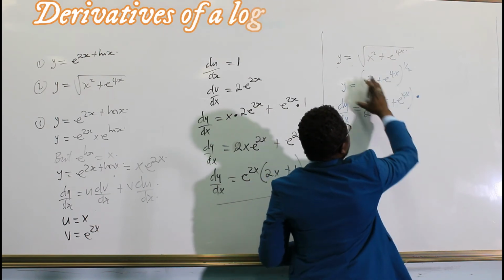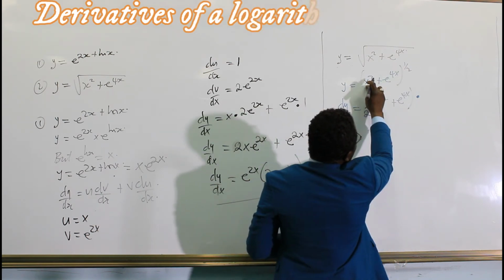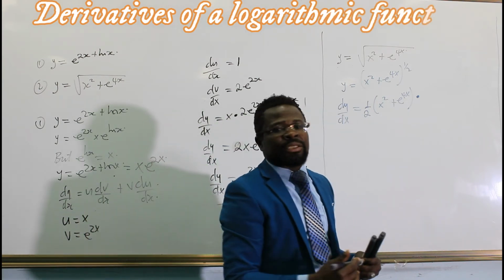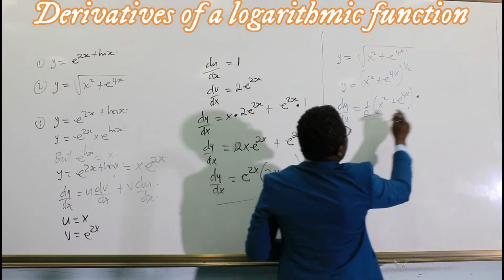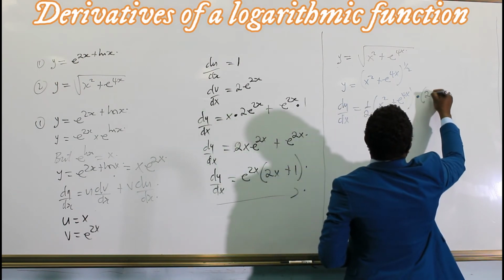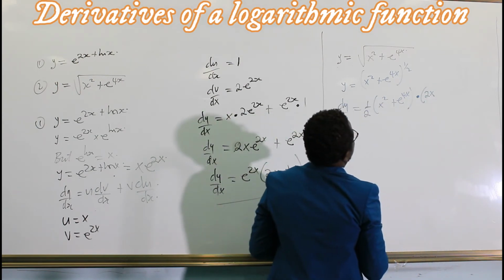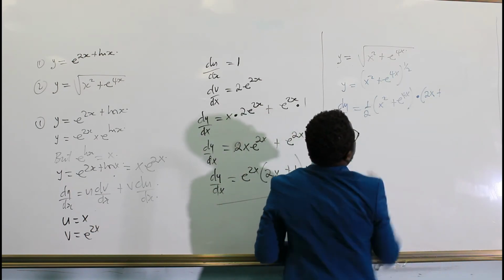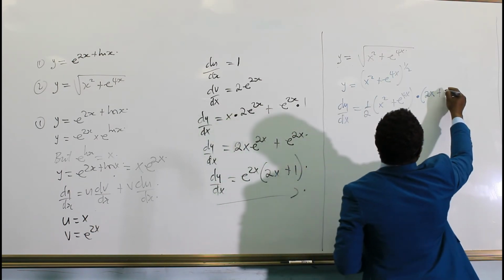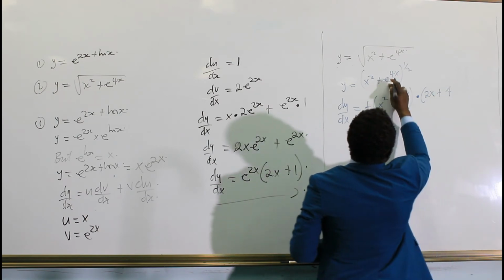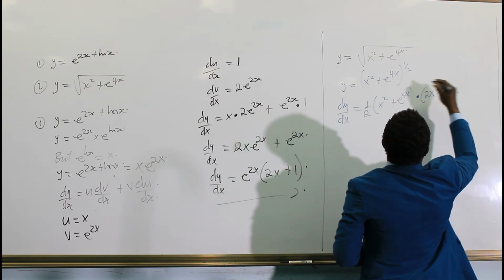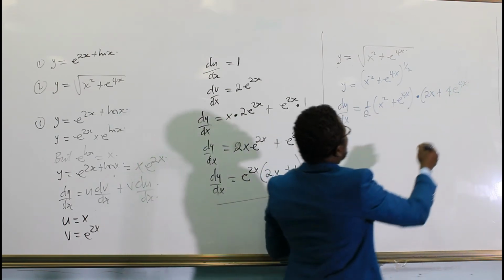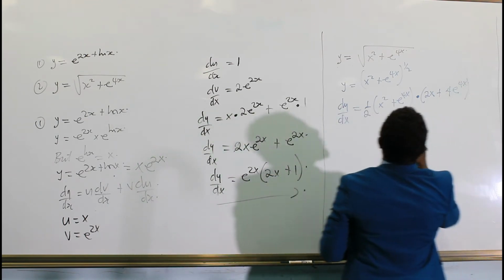We have differentiated the whole function, but what is in the bracket is also a function, so we need to differentiate that as well. x squared gives us 2x, plus the derivative of e exponent 4x, which gives us 4e exponent 4x.